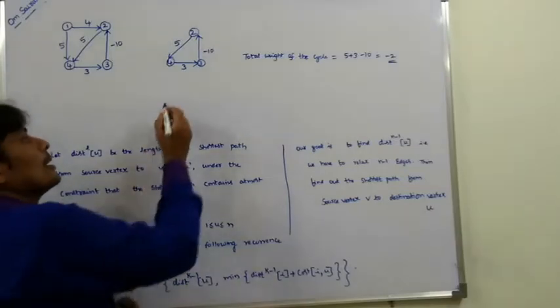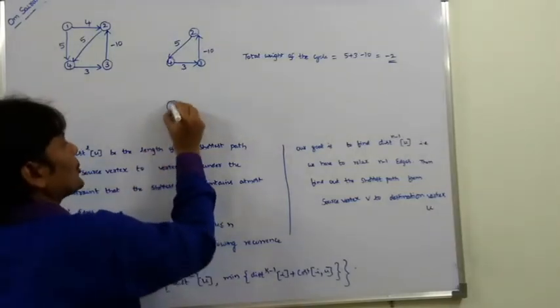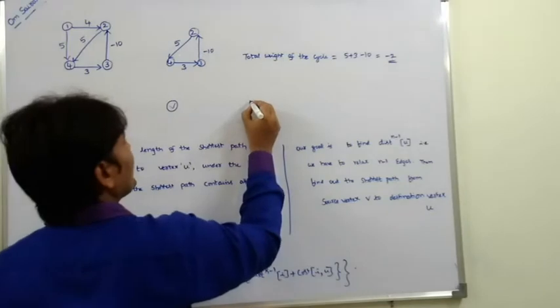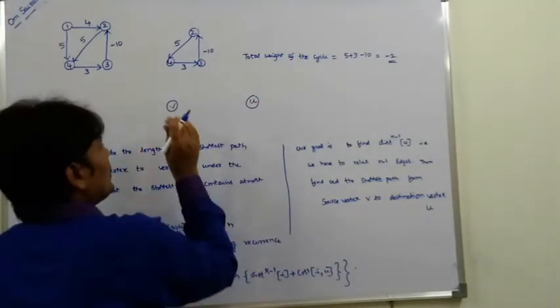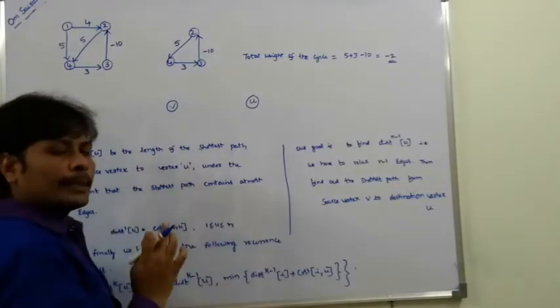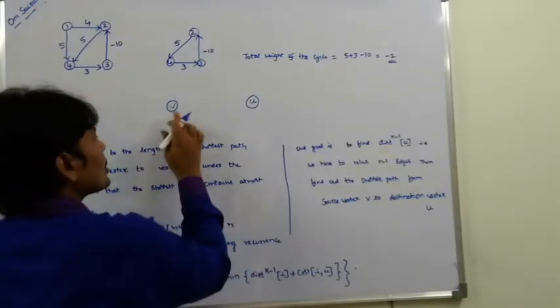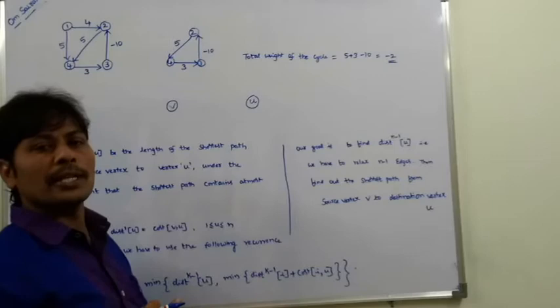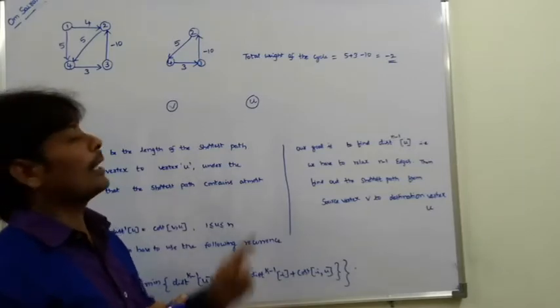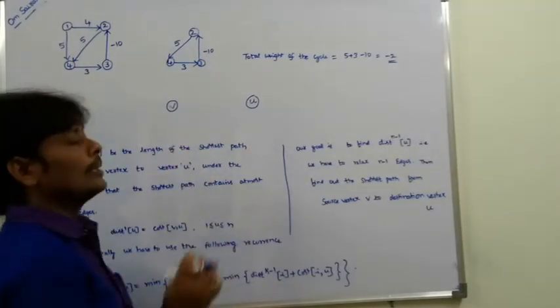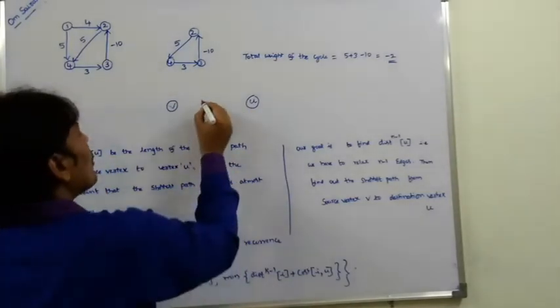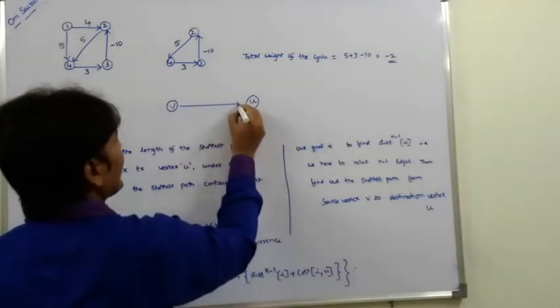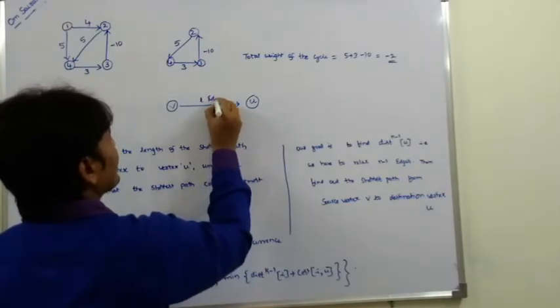So this is the source vertex, and this is the destination vertex u. That is the shortest path from the source vertex to the destination vertex u under the constraint that this shortest path contains at most L edges.